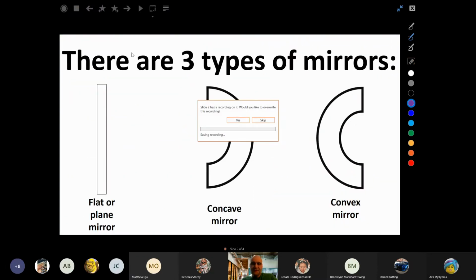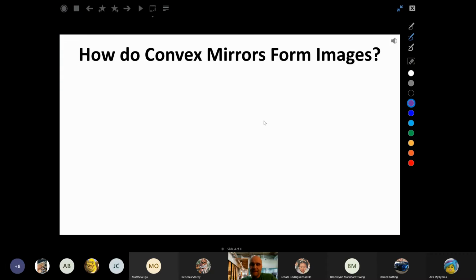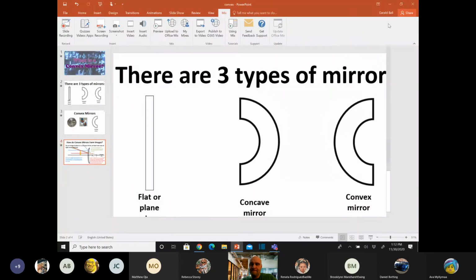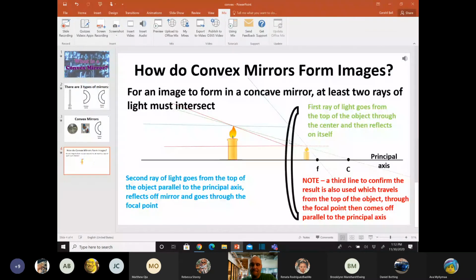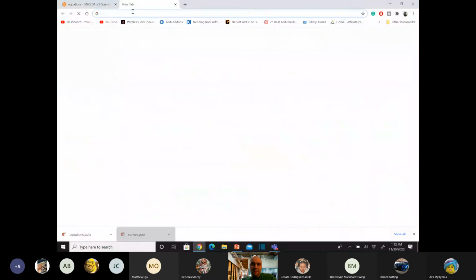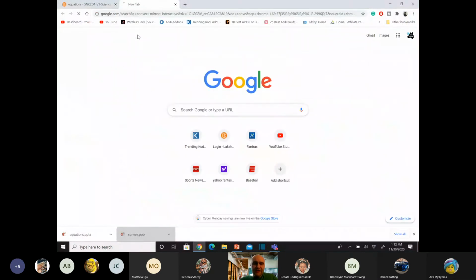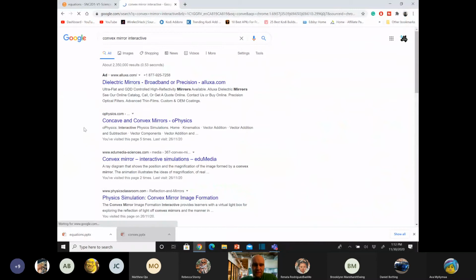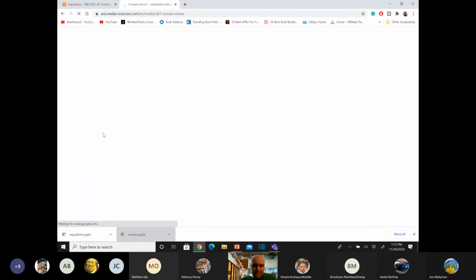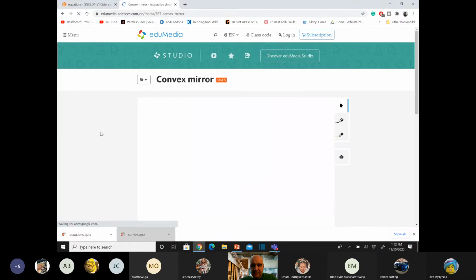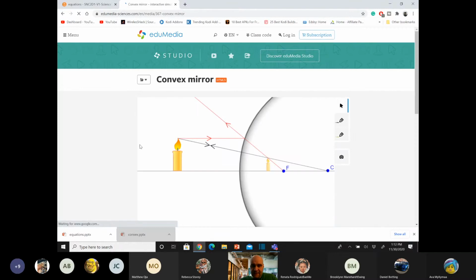Okay, so let me just show you. Convex mirror interaction. And I think it's this one I've been using. Some are better than others. Yeah, here we go.